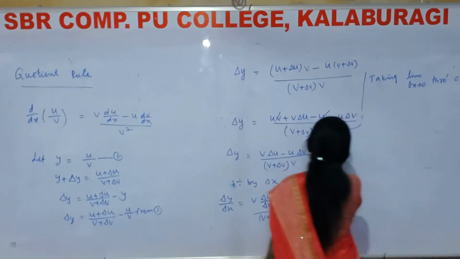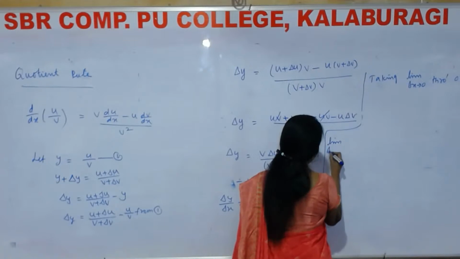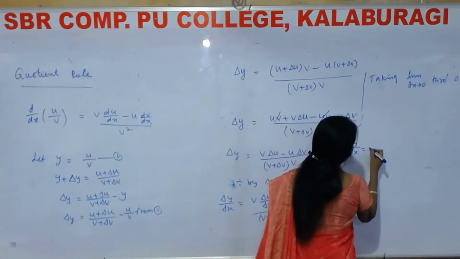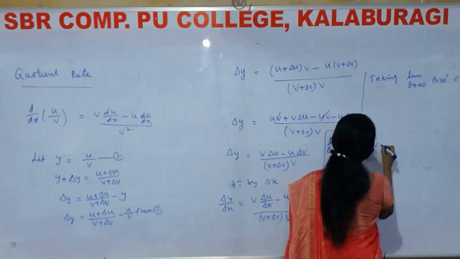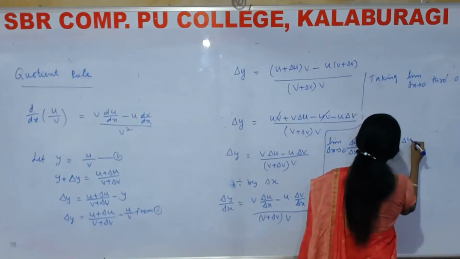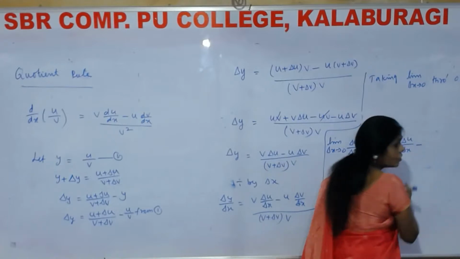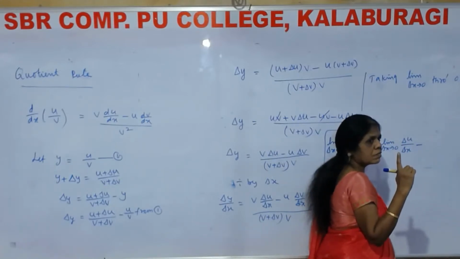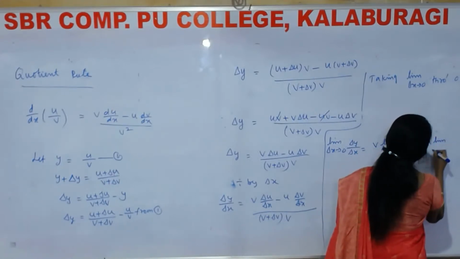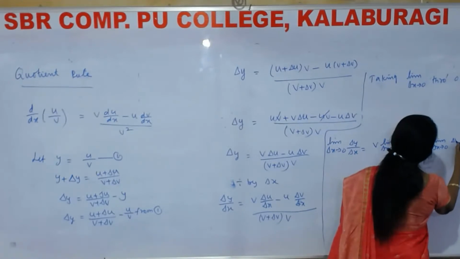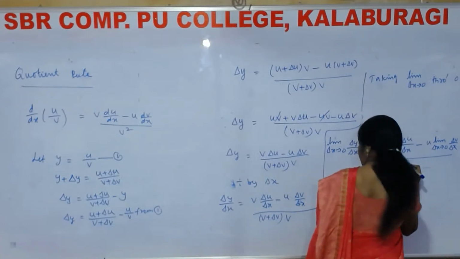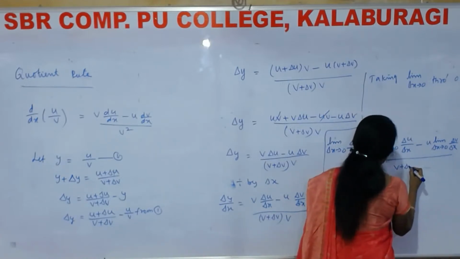Tell me once again. Limit delta x tends to 0, delta y by delta x equals v into du by dx minus u into delta v by delta x, whole divided by v into v plus delta v.